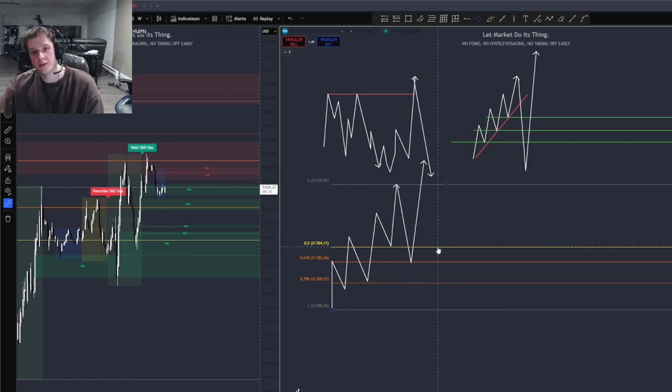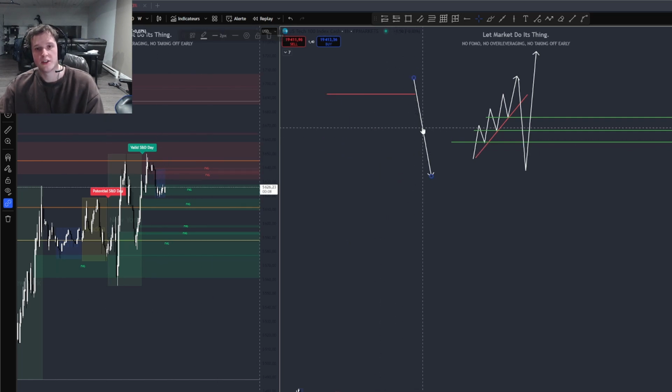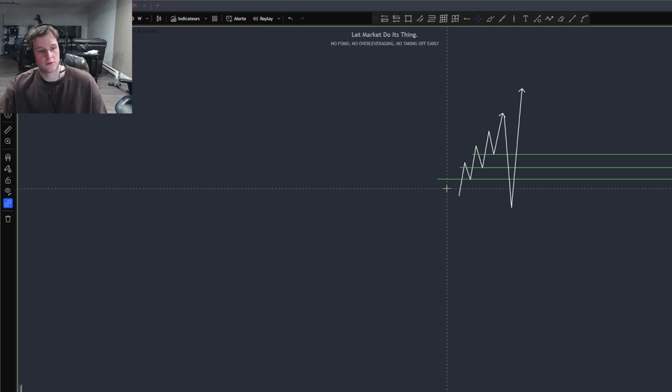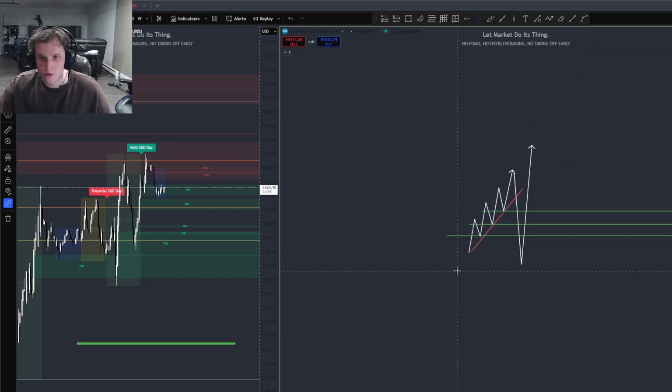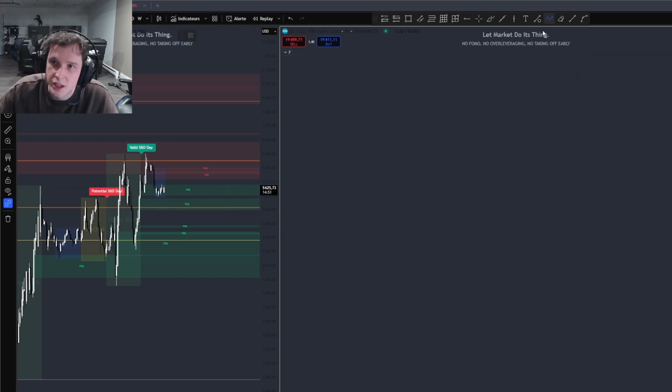The one thing that you need, and that is also probably going to be a lesson of its own because it's really important, is to understand the concept that to have a confident idea of what your draw on liquidity is, you need to understand this right here. So the market goes like this, okay?